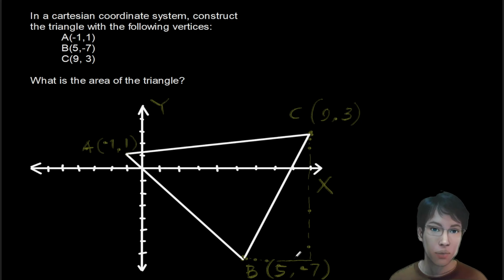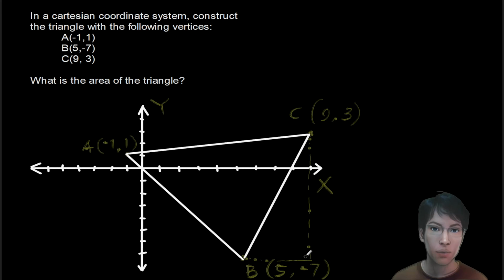Let me get the distance. I dropped a line from this point, and I want to get the distance from here to here. So what is this distance?